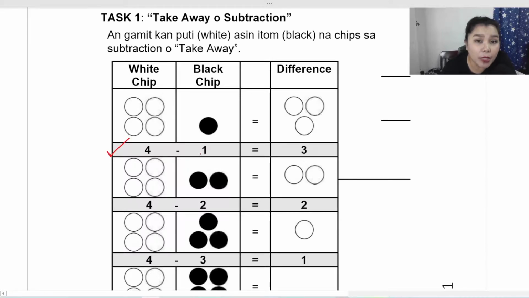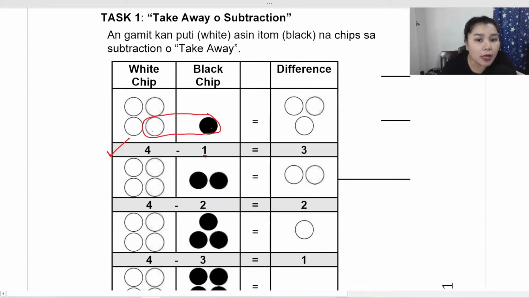the second number from the subtraction sentence, this 1, is using the black chips. Like in our example, 4 minus 1 equals 3, the black chip needs a partner in the white chip. We have one black chip, so it will be matched with a white chip.